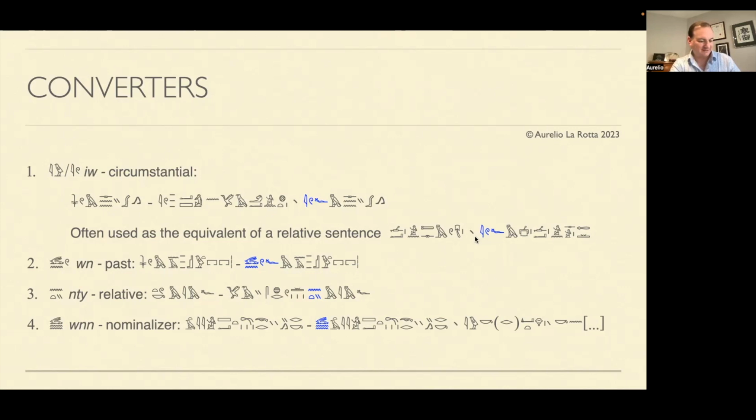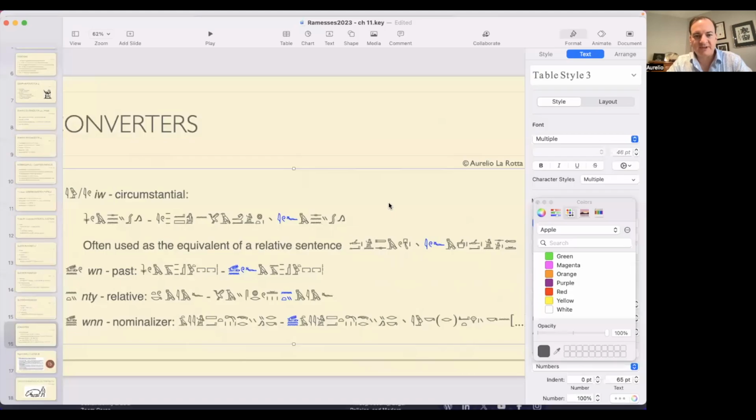Let's see. I'm just looking and trying to find the passage quickly enough. Position. Oh, you know what? Keep it simple.